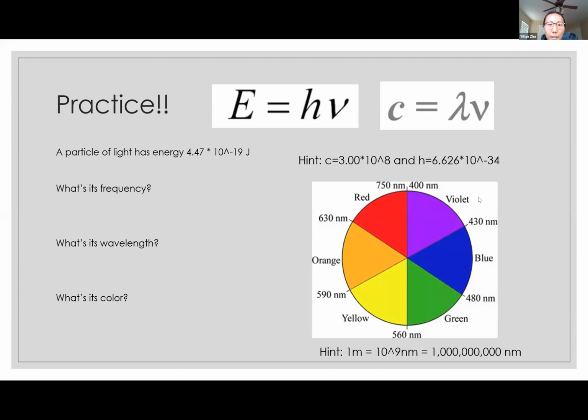So right now I'm going to open up the chat box and let you discuss for a couple of minutes what you got for the practice answer. In the chat, please use your calculator to do the practice problem and tell us what you got for the answer.